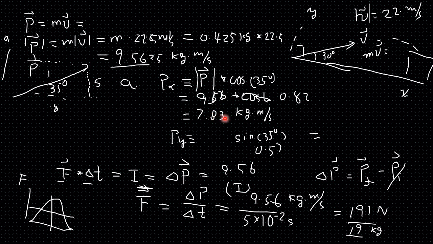Remember, the component is always less than the actual magnitude. It's like a stick: its shadow, its projection, should always be shorter than the actual stick. Then for the y component, we call it the opposite side to hypotenuse, the hypotenuse is our magnitude, and you multiply this and do the rest. So that is the components.